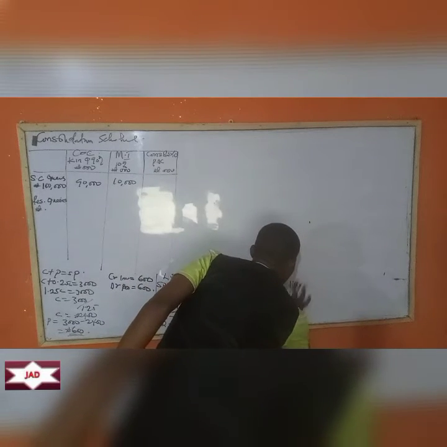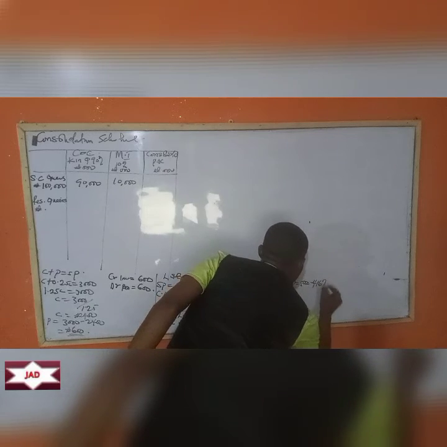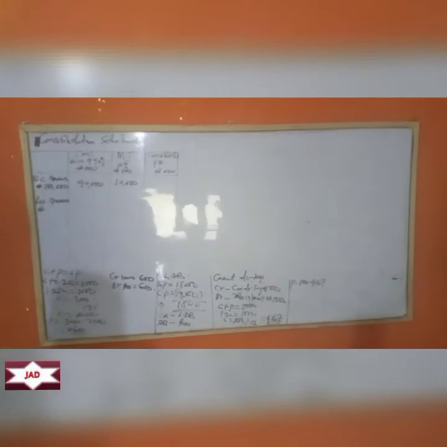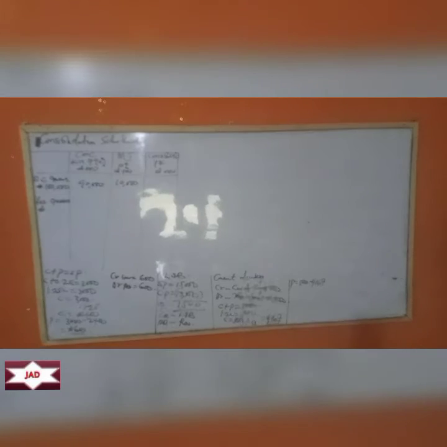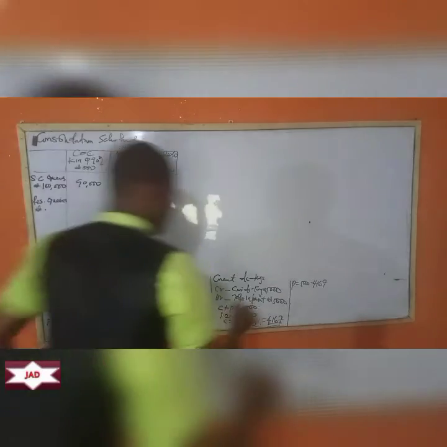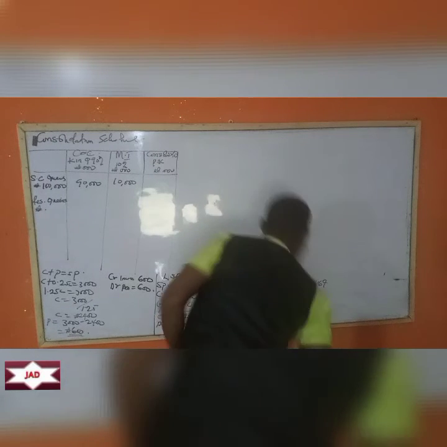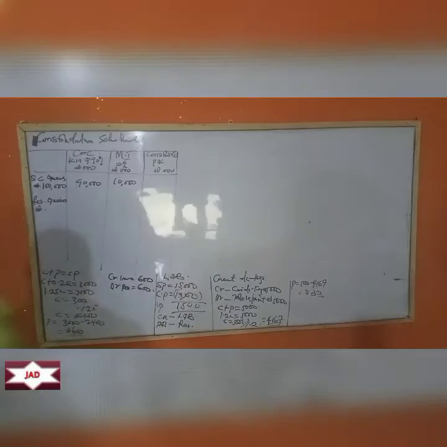Profit will be 5,000 minus 4,167. That'll be 833. So there's an unrealized profit on the equipment.